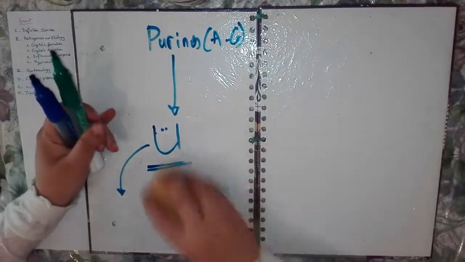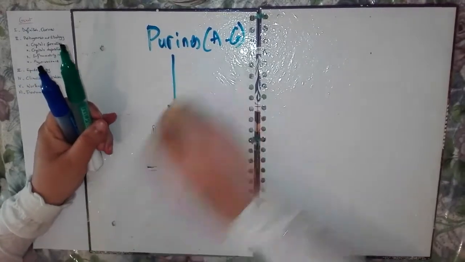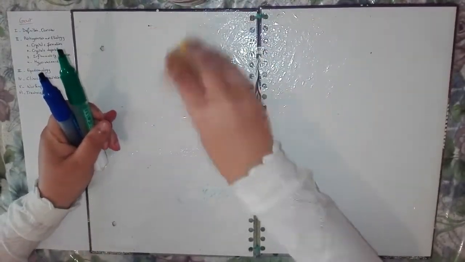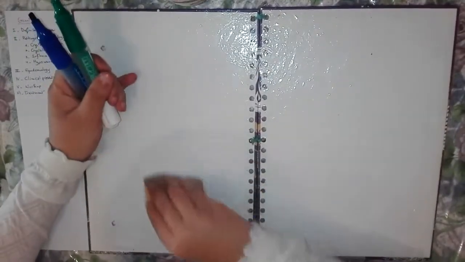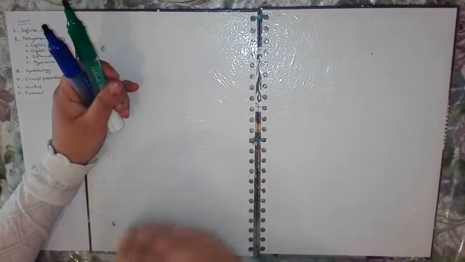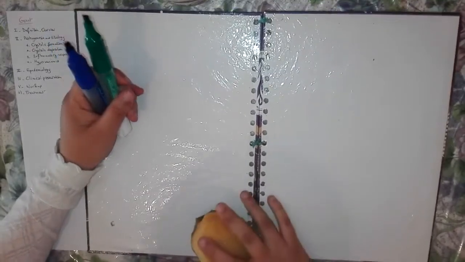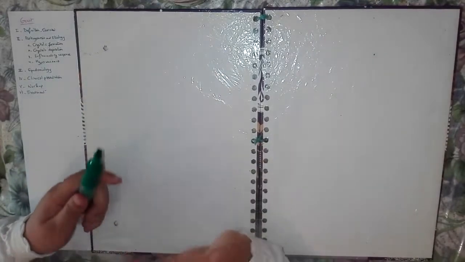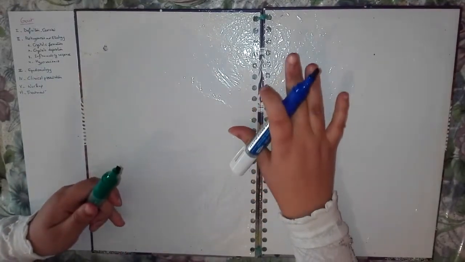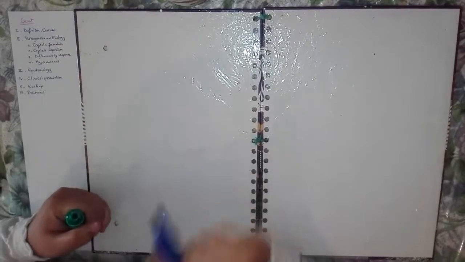Now we're going to talk about crystal formation. Finally, let's assume that we already have a hyperuricemic state. Hyperuricemia, crystal formation.